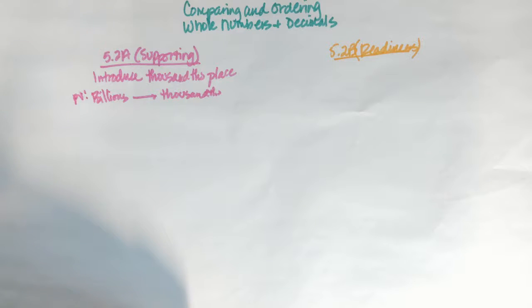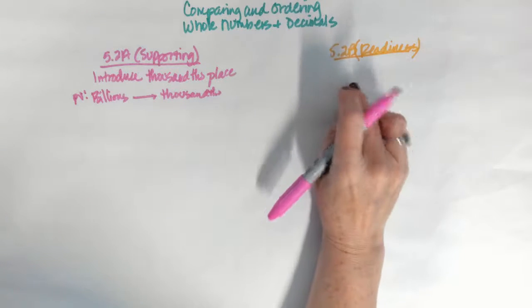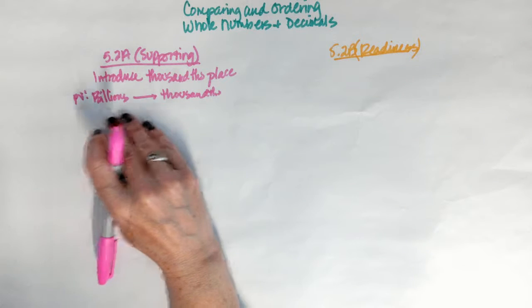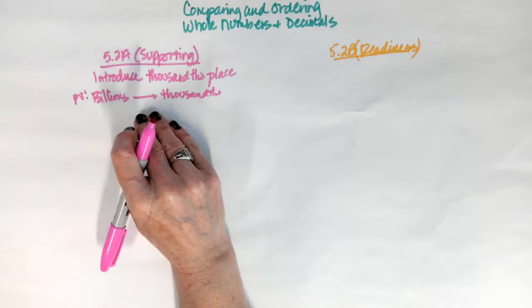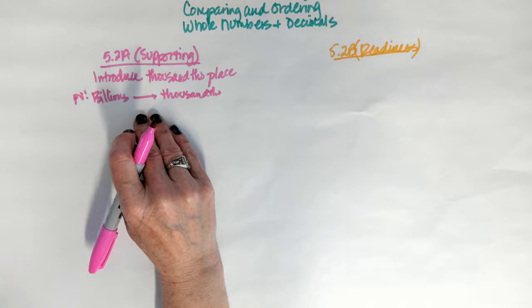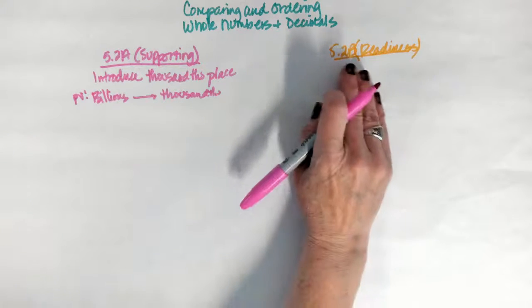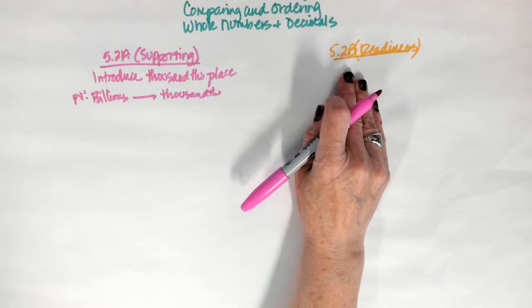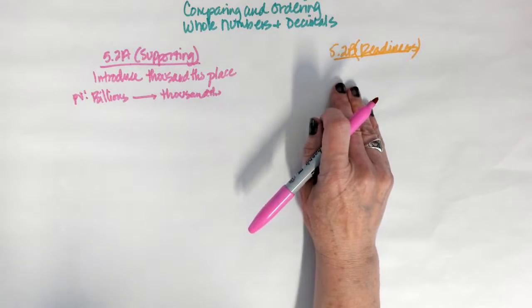And the work that we do when we are trying to compare and order is based on place value, which is why this standard is so important. So here we are writing numbers using expanded notation so we can compare the place values of each digit. Okay, that's why these two are tied together.